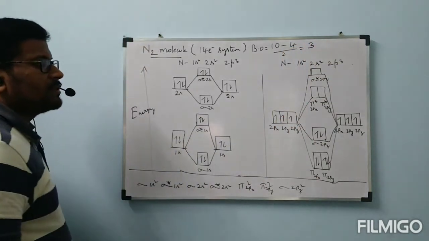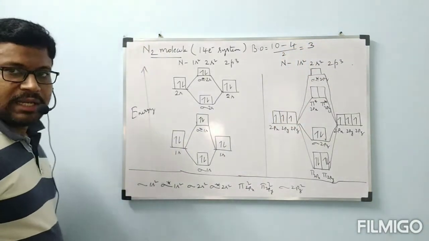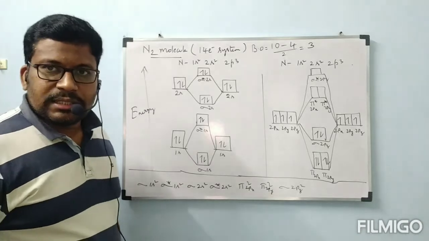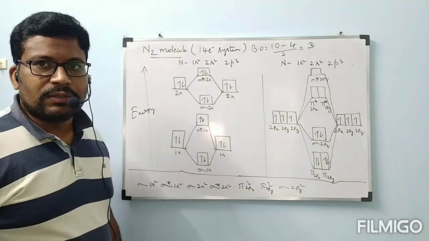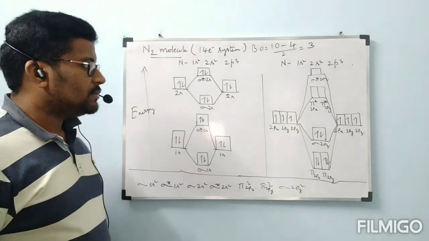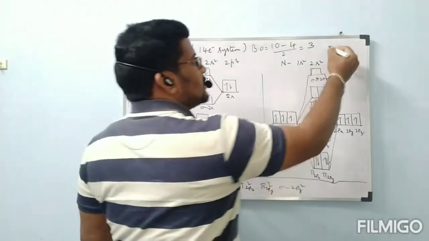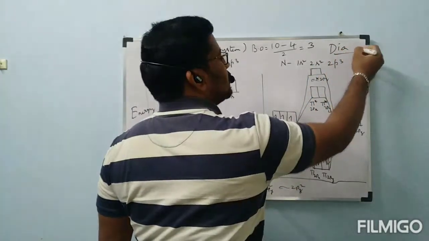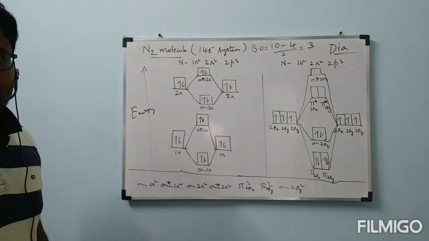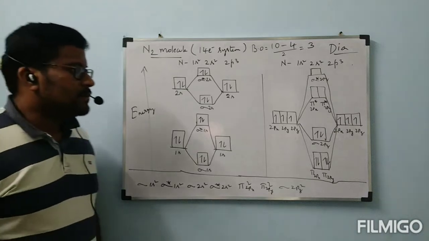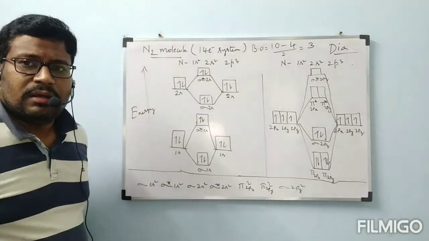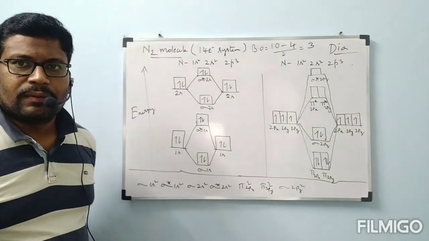So the bond order for the N2 molecule is 3. The molecule exists. That's why we know N2 gas. And coming to the magnetic nature, this is diamagnetic in nature. This is the complete information regarding the N2 molecule.